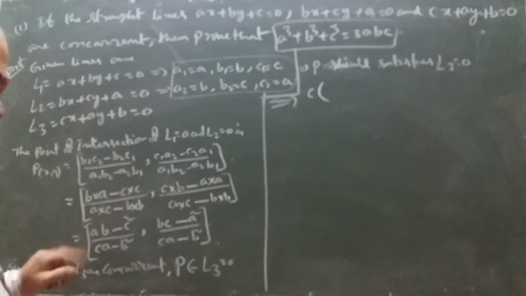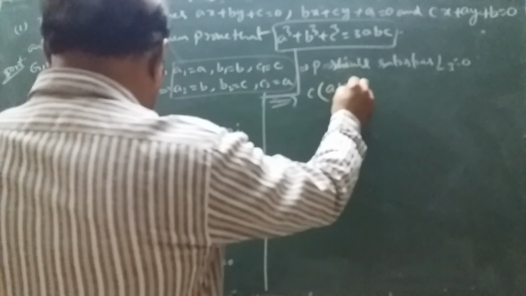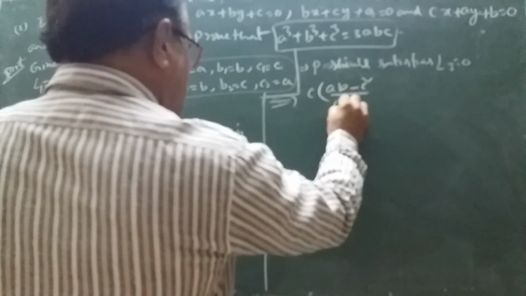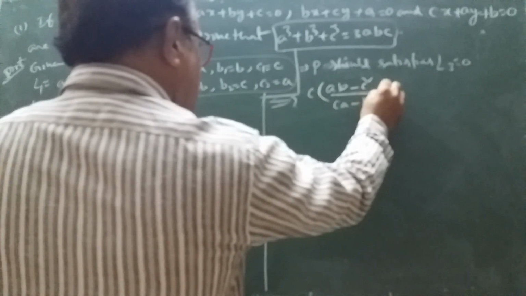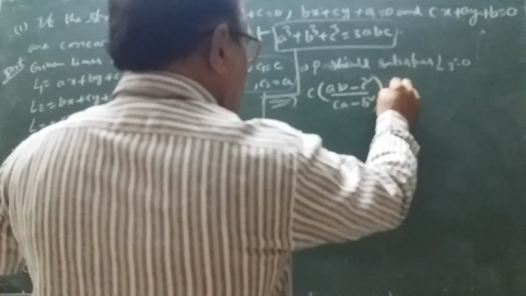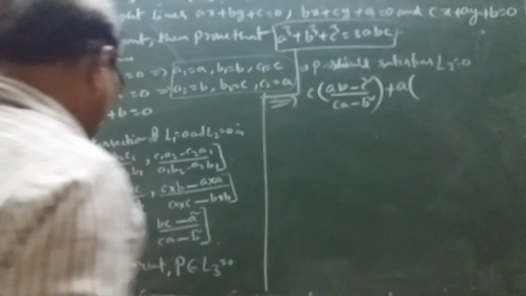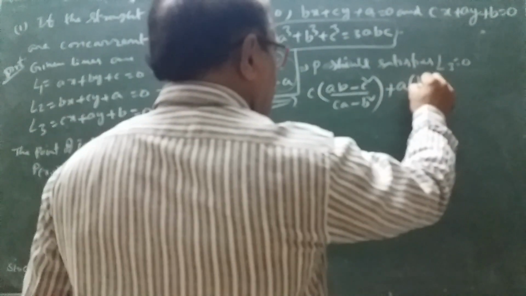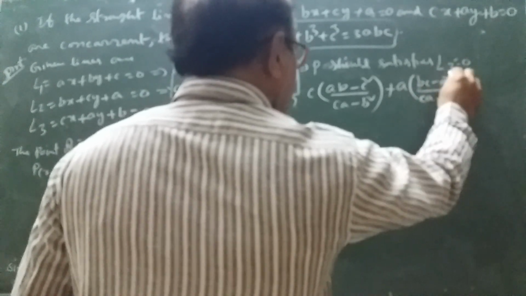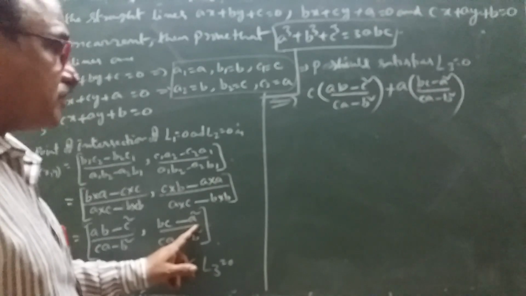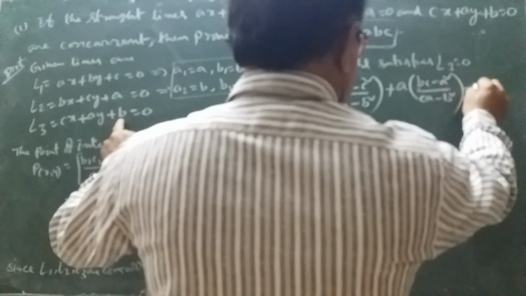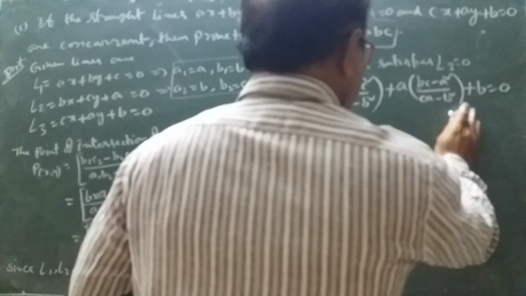Instead of x, we write AB minus C square by CA minus B square, plus A into y. What is the y? BC minus A square by CA minus B square. Next, plus B should be equal to 0.